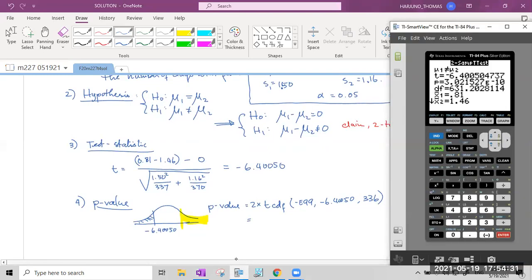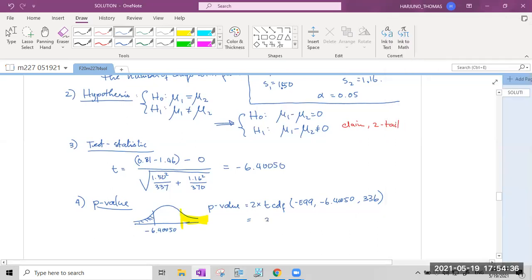So according to this, I will have a p-value of 3 point something times 10 to the negative 10. Forgot to multiply by 2. So it's 6.04 something times 10 to the negative 10, right? It means the 6 is at the 10th decimal place. That's very small.